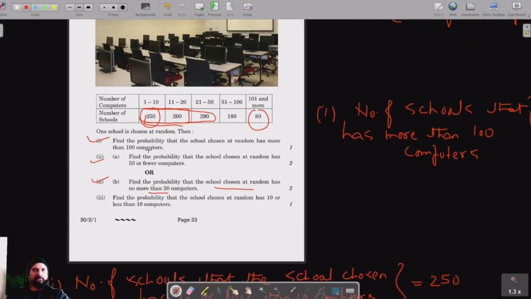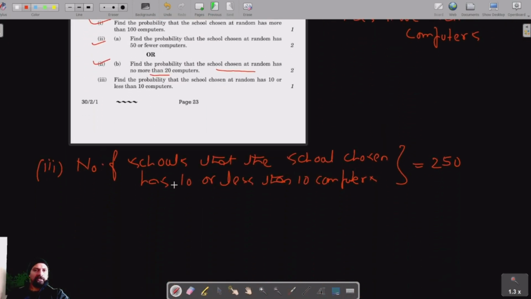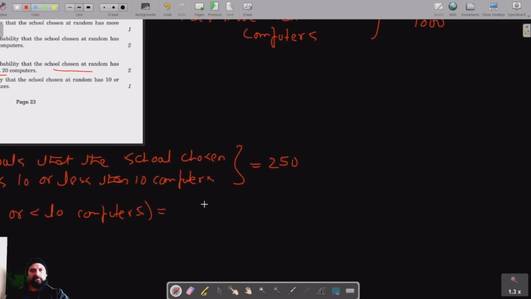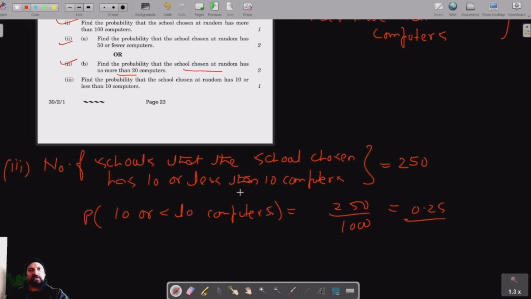So it's basically about reading this graph and then answering the questions. So the probability of a school that has 10 or less than 10 computers will be 250 by 1000, which is equal to 0.25.